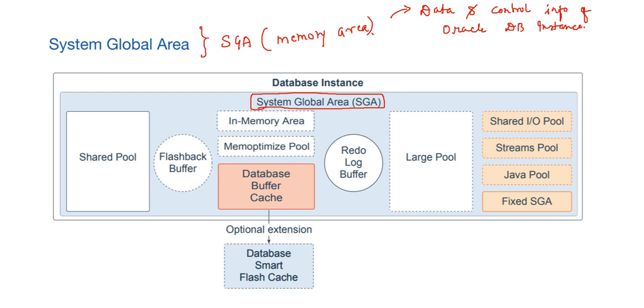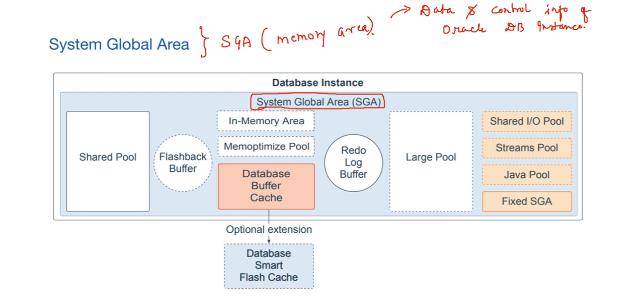That will be stored. What is the current plan hash value? What is the execution plan? Which query is doing a hard parse? Whatever component is present under SGA, everything will be captured and controlled by SGA. So it contains all types of data and control information for an Oracle DB instance. Even the server process as well as the background process share the SGA.